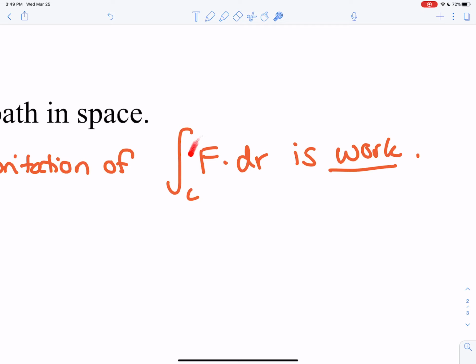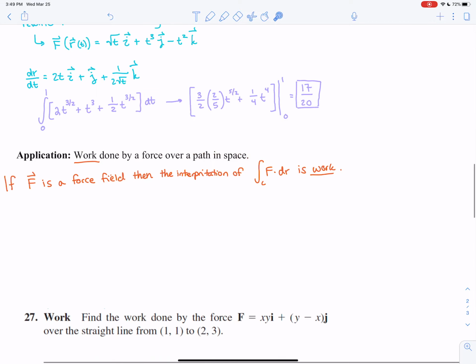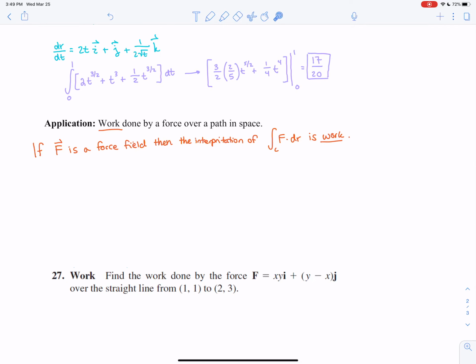And if you remember, in work, you only accumulate work if you're moving in the direction that the force is pushing, right? So we're finding how much of the force is pushing in the direction of motion. Right? So that's a really nice interpretation. So most of the times we're going to be solving these line integrals through vector field problems, it'll usually be in the context of finding work where that vector field is a force equation.